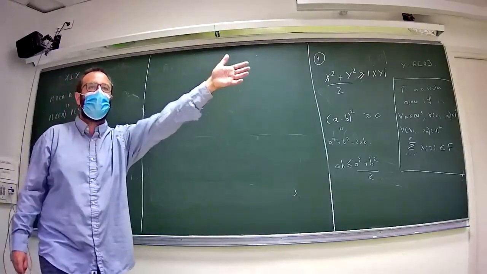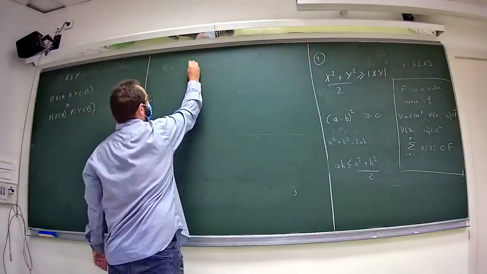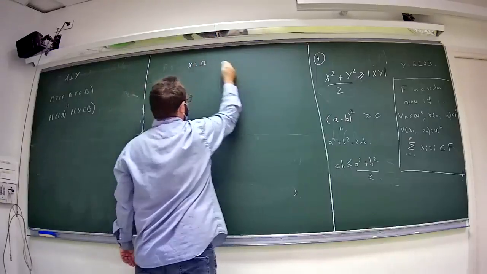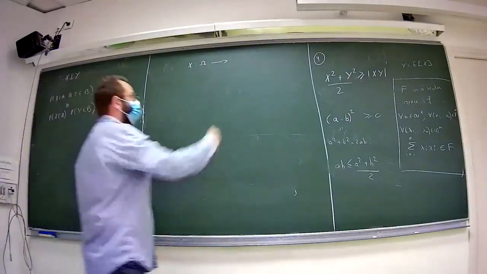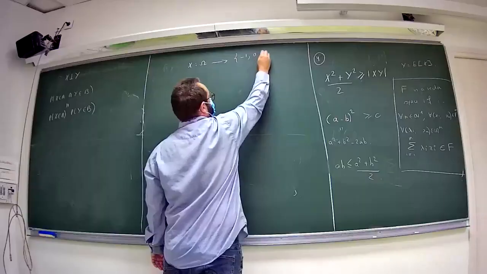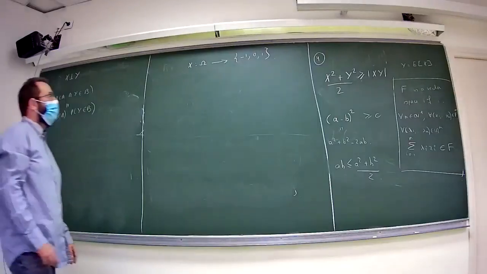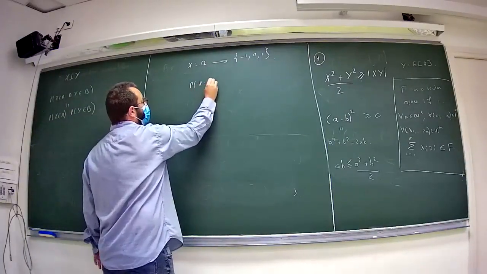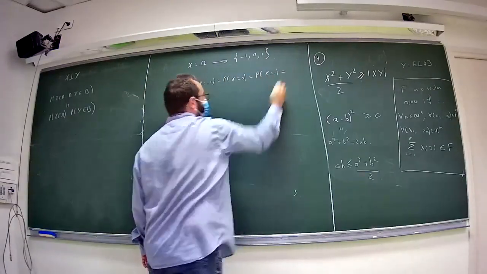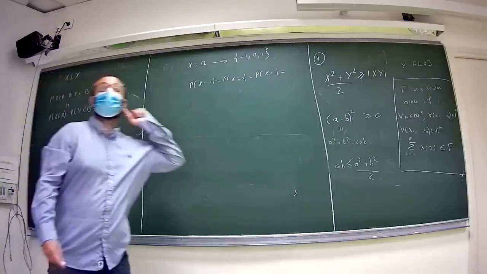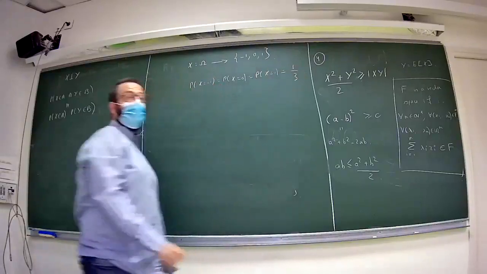Suppose that you have the following random variable X from Omega into {-1, 0, 1}, a very basic case with 3 values, and I suppose that I have a uniform distribution on this set. Okay, I am in this situation.